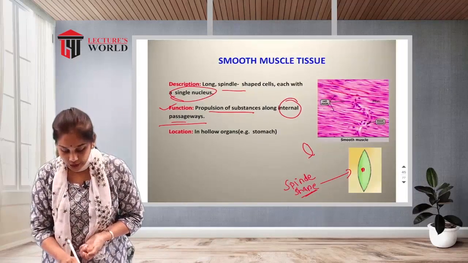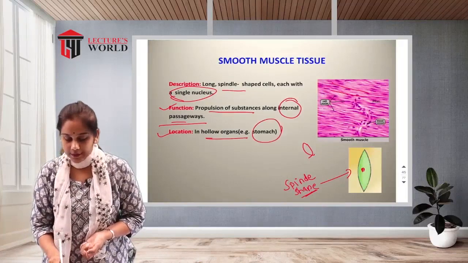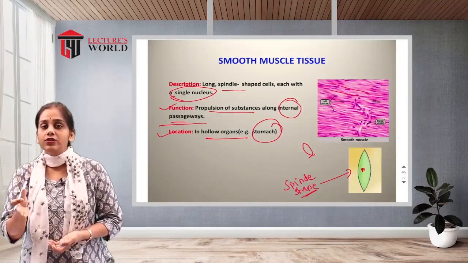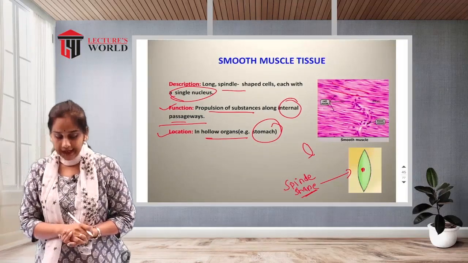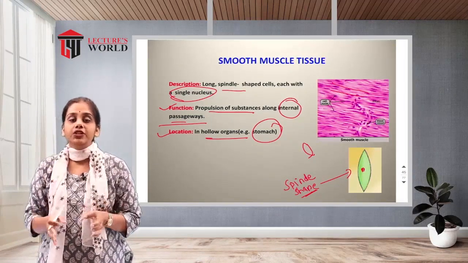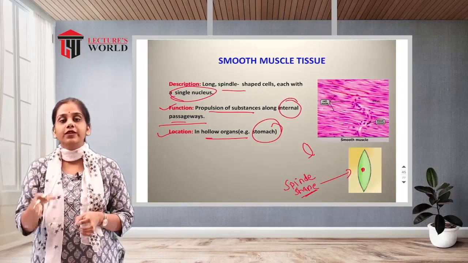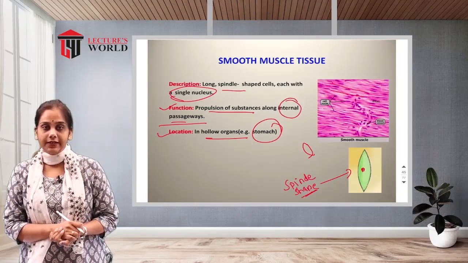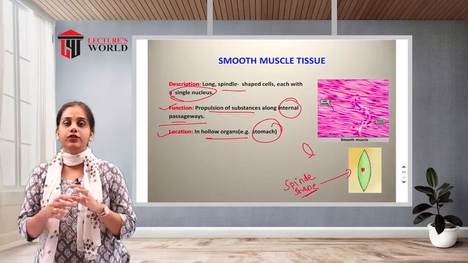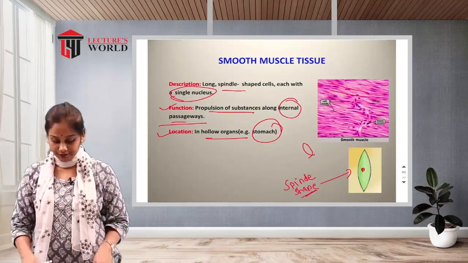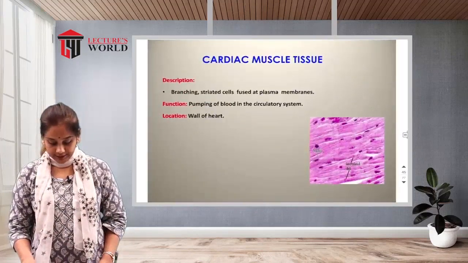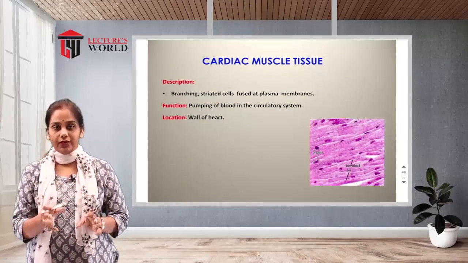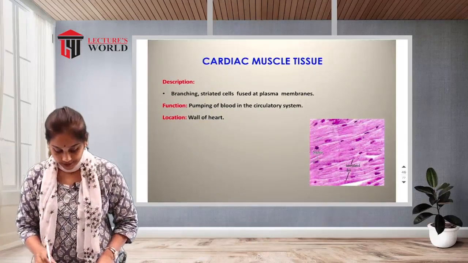For example, it is located in hollow organs like the stomach, where it causes peristalsis movement and helps propel a substance toward the next site. This is smooth muscle tissue. Generally it is located in hollow organs. What is a hollow organ? One that contains a particular cavity.